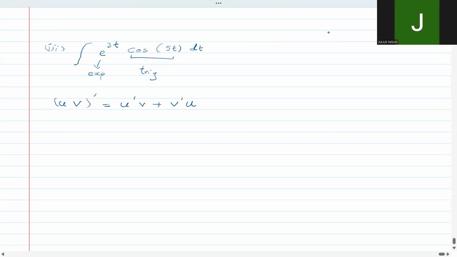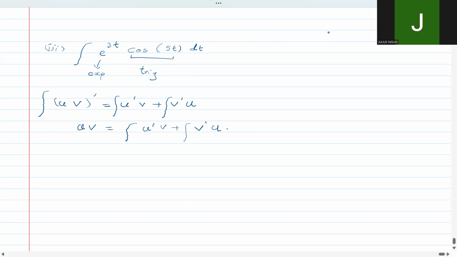Then if we do the integral on all sides with respect to x, because these are functions of x, the integral of a derivative of functions is just the original arrangement of functions. Then here we have the integral of u prime v plus the integral of v prime u.